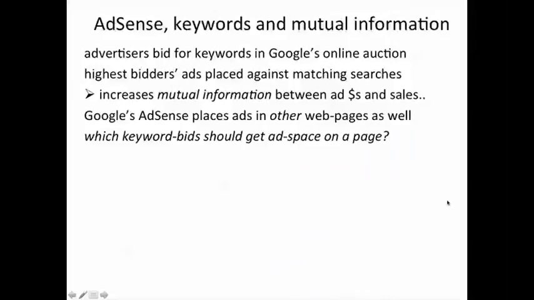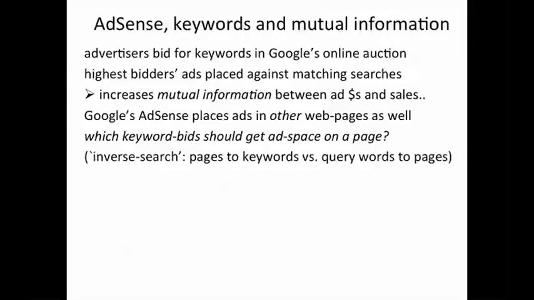What is happening is that the AdSense code that Google asks you to put on your site is figuring out which are the best keywords that represent the content on your page and matches that to the keywords that are being bid on the keyword auction.